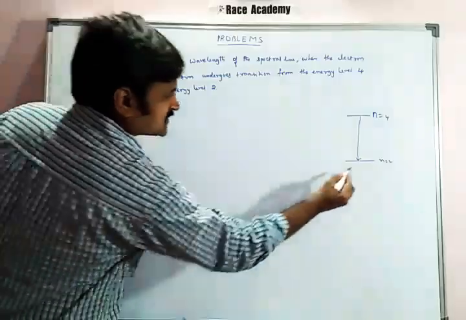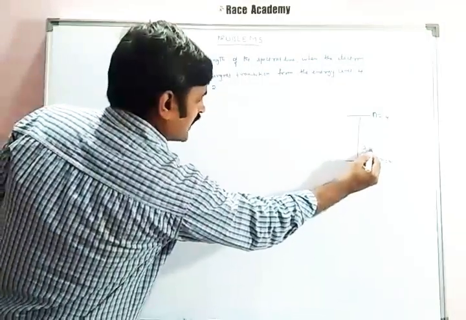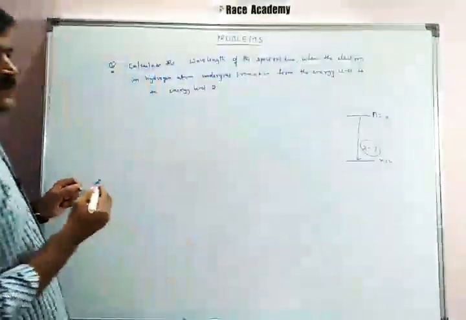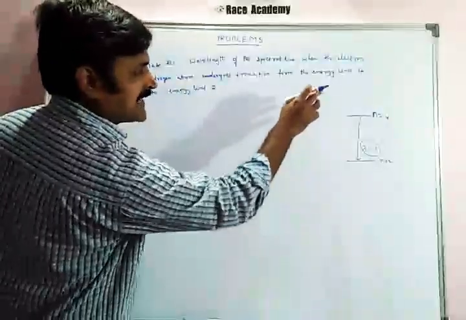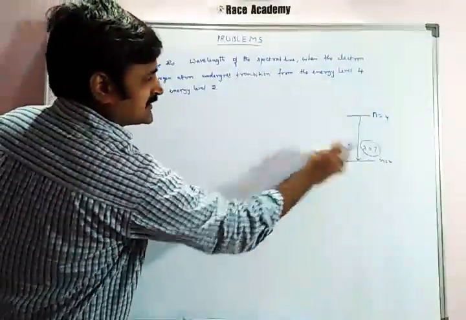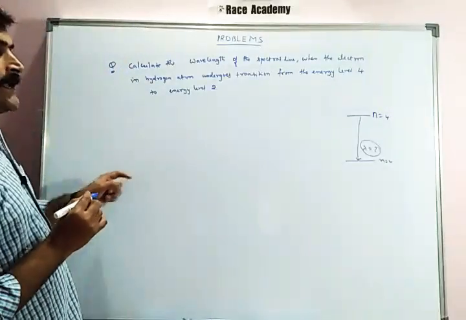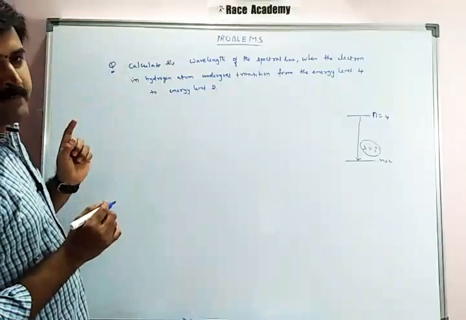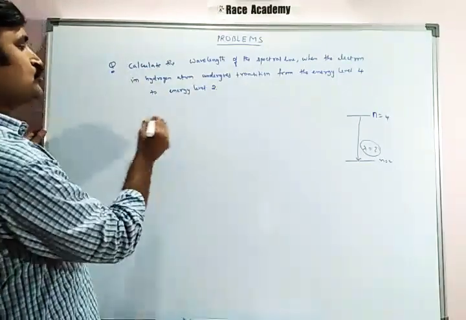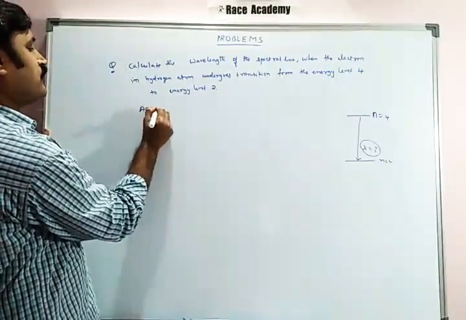Usually when it falls onto the n=2 level from the n=4 level, from the Rydberg equation the line belongs to the Balmer series.